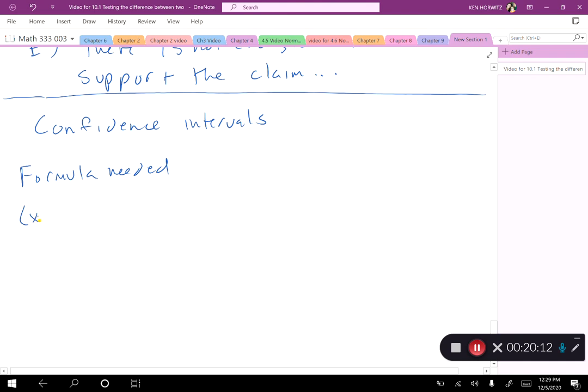It is x bar 1 minus x bar 2, which is going to be our observed average. And then I'm going to subtract my standard error, which is z alpha divided by 2 times the square root of our variance divided by n1 plus our variance divided by n2.